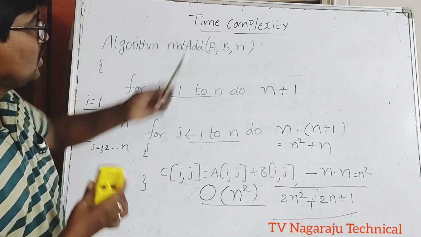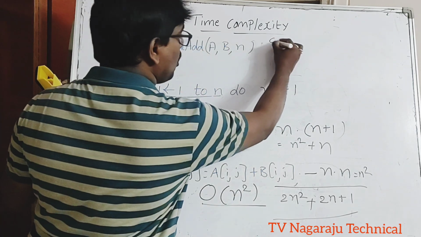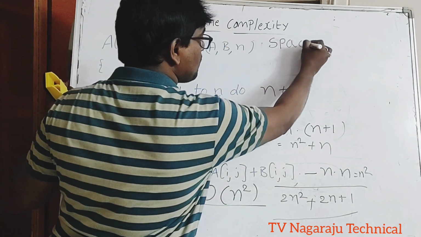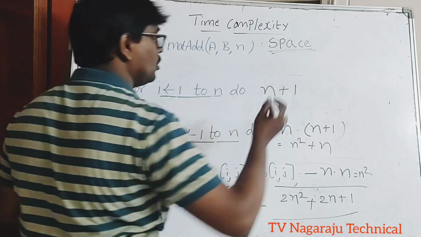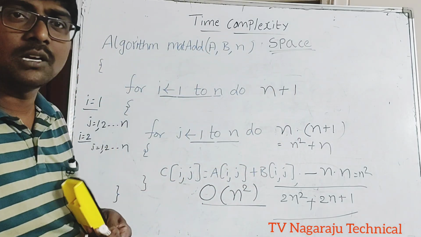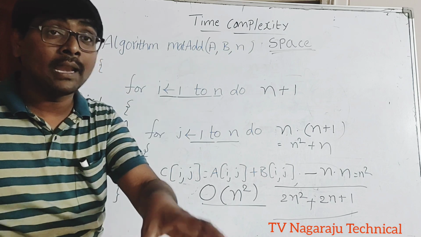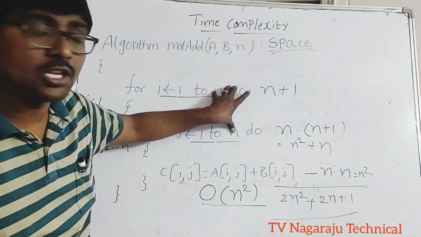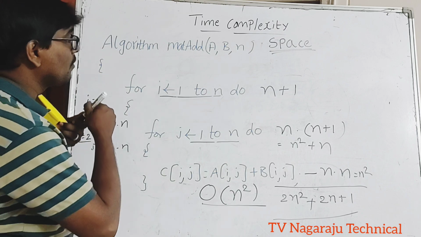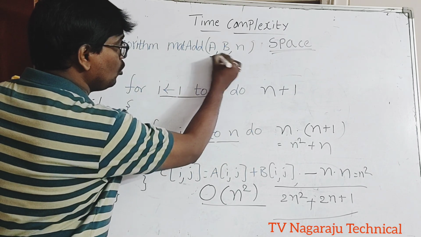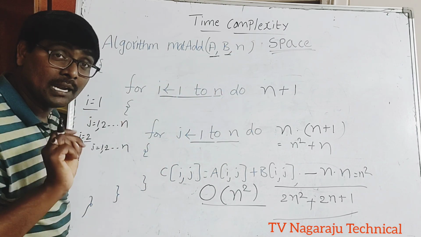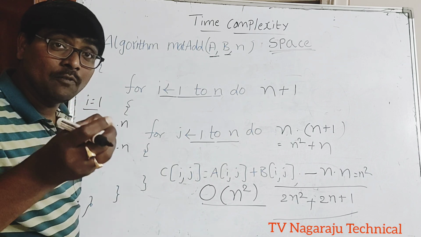Similarly, along with the time complexity, now we will calculate space complexity also. You know the meaning. What is the meaning of space complexity? The maximum amount of space taken by this algorithm for execution. Here, first I have two matrices A and B. What is the size of A?